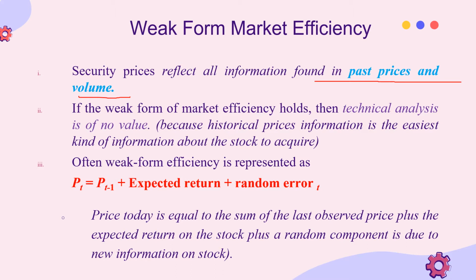During weak form, the price will reflect all information found in the past prices and volume. So if the weak form of market efficiency holds, then technical analysis has no value. Okay, apa maksud dia kat sini?